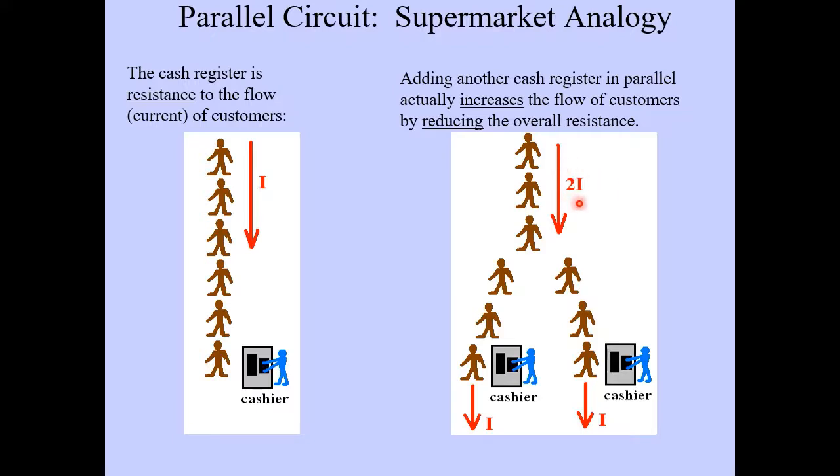We have twice the flow now of customers because we have twice as many paths or cash registers for them to flow through. So this is exactly what's happening in a parallel electric circuit. By putting another resistance in parallel, we create another path for current to flow, which gives us more overall current.